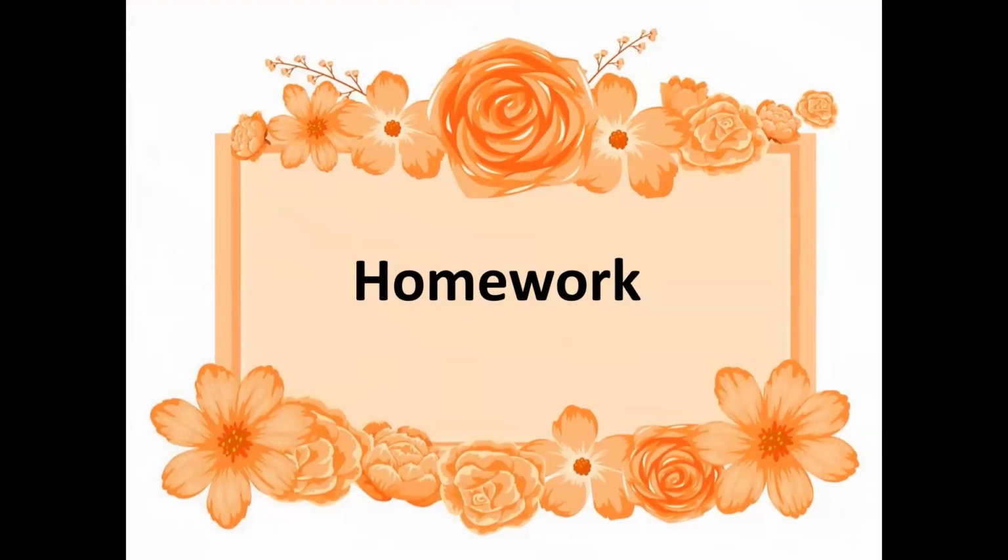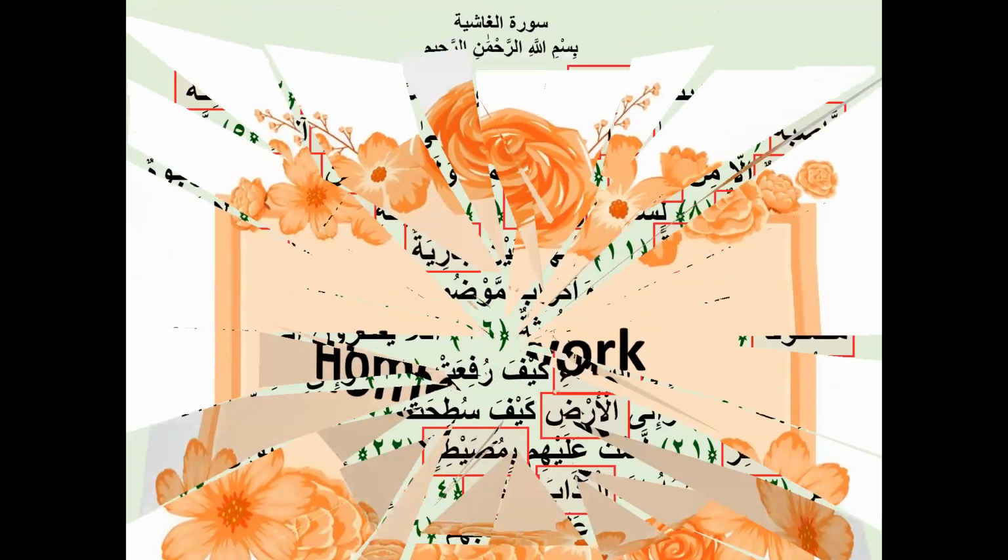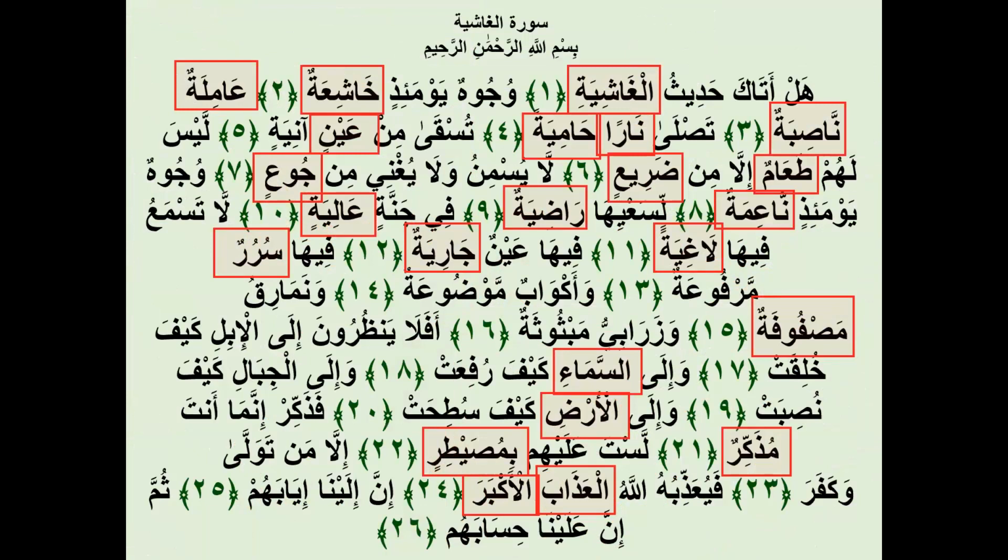Homework time. Let's start the homework now. I will give you Suratul Ghashiyah again. Last time, what was your homework for Surah Ghashiyah? I gave you the Surah Ghashiyah so that you pick up the mu'annas ism, the feminine nouns.